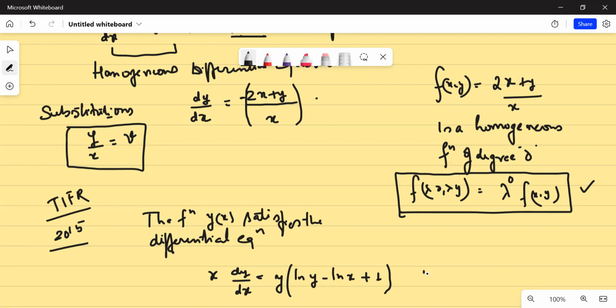Given that y(1) equals 3, it was asked what is the value of y(3).